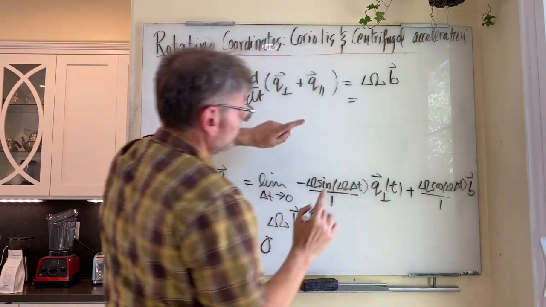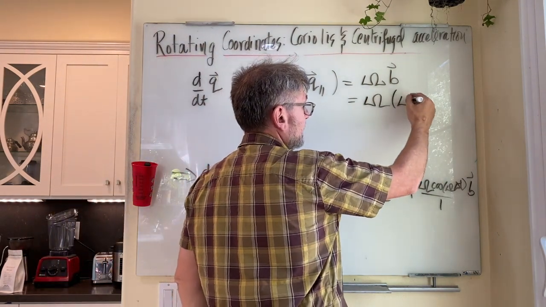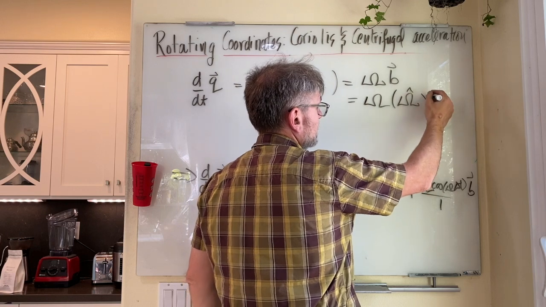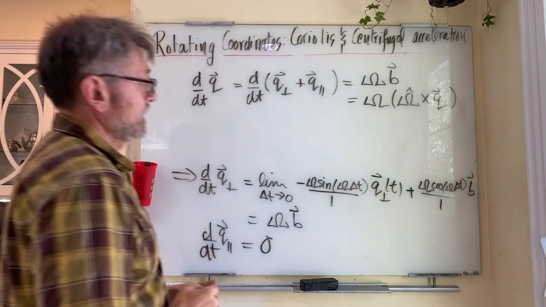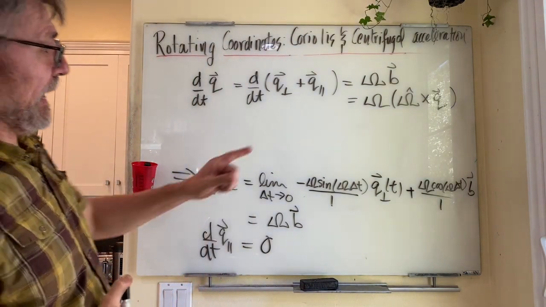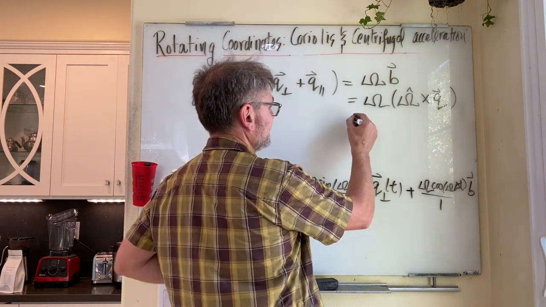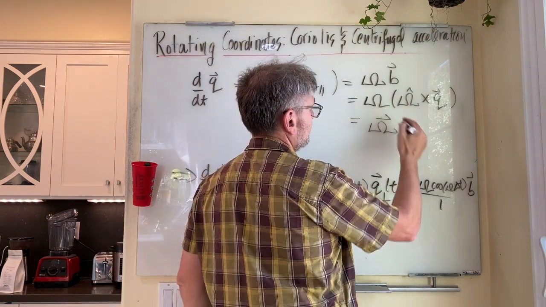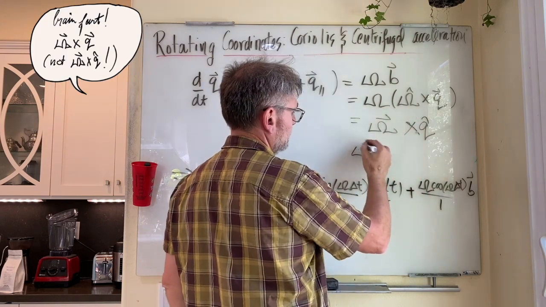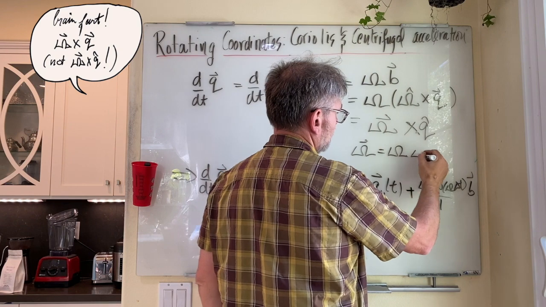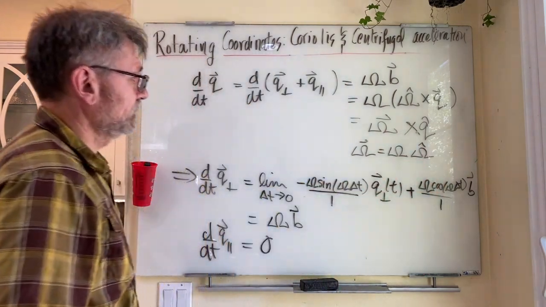And remember b, what was b? It is omega hat cross q. And what is omega times omega hat? That's our original omega. So this is equal to the vector omega cross q. Remember, omega is equal to omega times omega hat. This is the direction, and this is the magnitude, 2 pi per day.